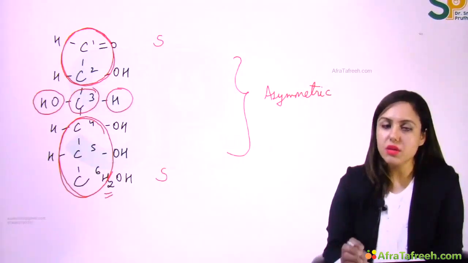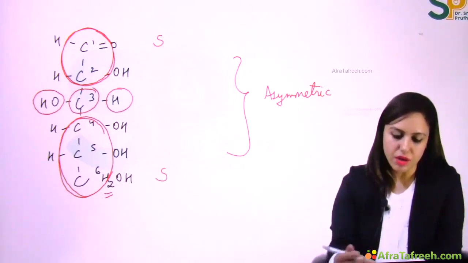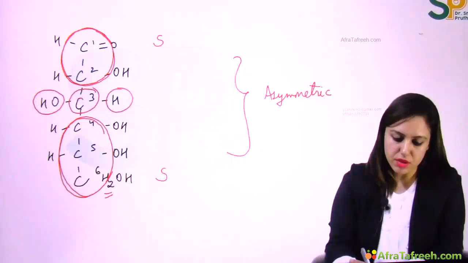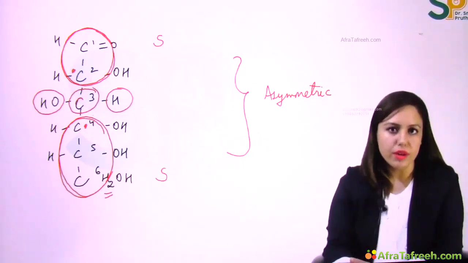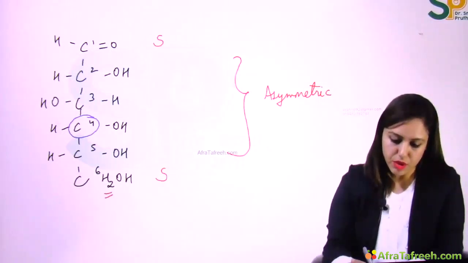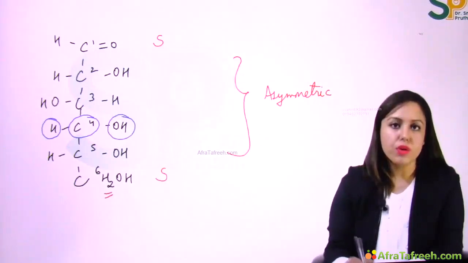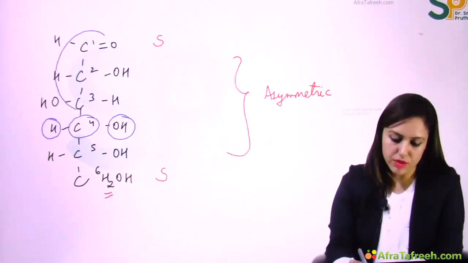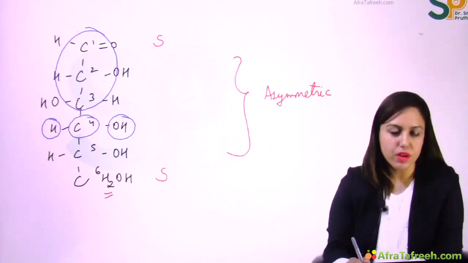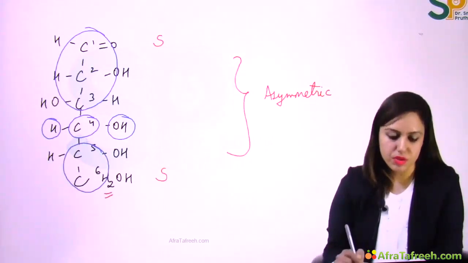So the main thing is that you have to take the full group as the valency, right? Do not see like this is carbon, so here we have C, here we have C. Don't do like that, okay? Now look at C4. When you look at C4, one valency occupied by hydrogen, other valency occupied by OH, third valency occupied by a group having 3 carbons, fourth valency occupied by a group having 2 carbons, right?